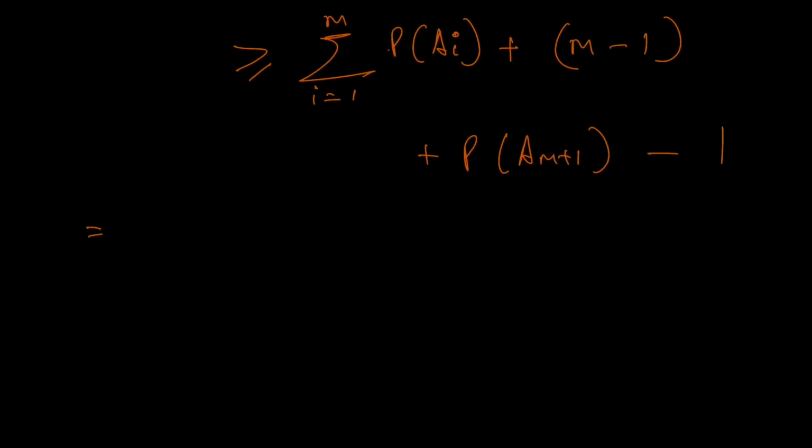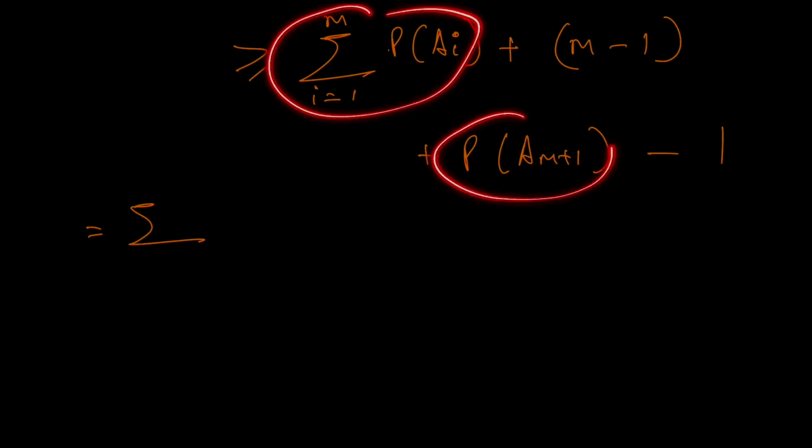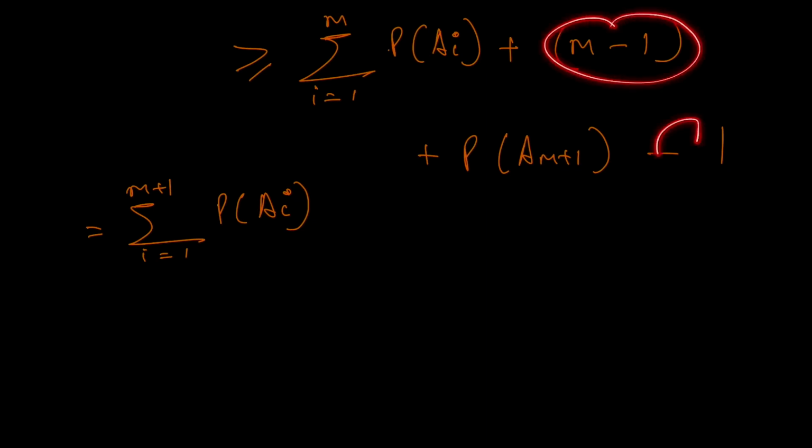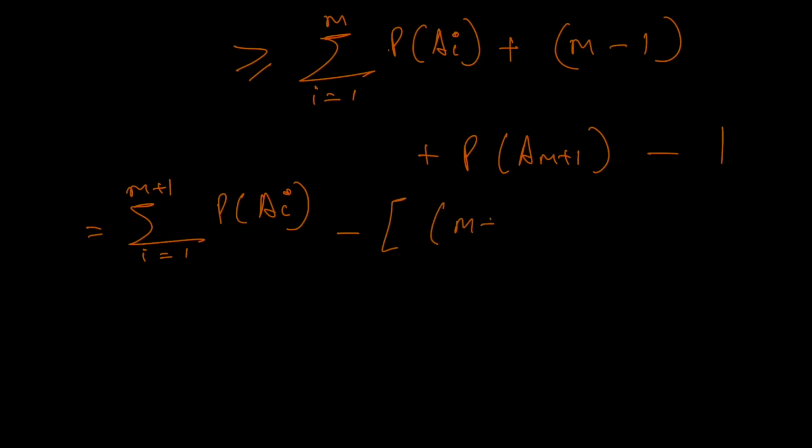I'm clubbing these two terms: this can be written as summation i equal to 1 to m plus 1 of P of Ai, and clubbing these two terms, it will be written as minus m plus 1 minus 1.